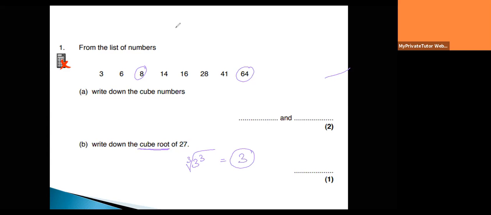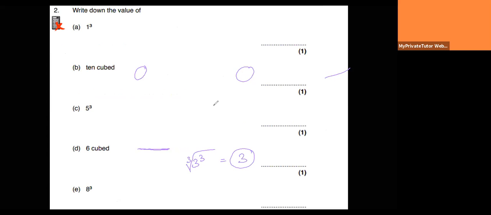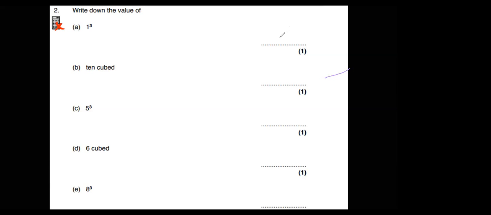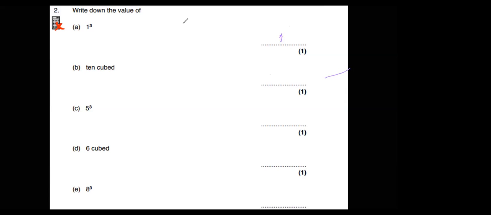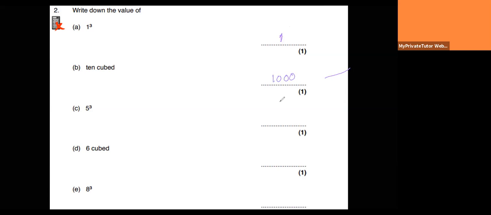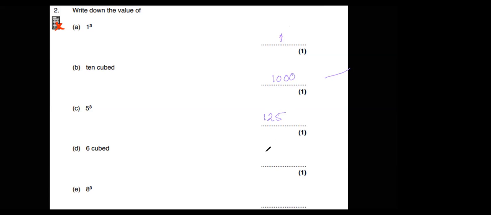That's good. Let's try a few more. Anyone is fine, unmute your mic and tell me the answer. What is 1 cube? These are simple questions. 1, sorry. 10 cube. 1,000, excellent. 5 cube, 125, excellent. 6 cube, don't use a calculator though. 216, excellent.